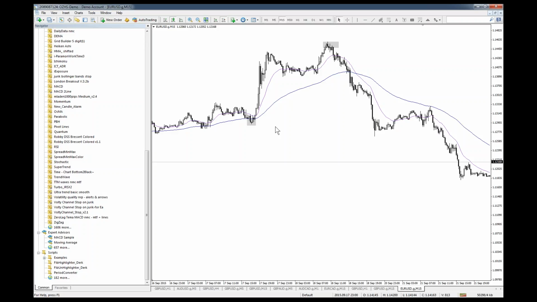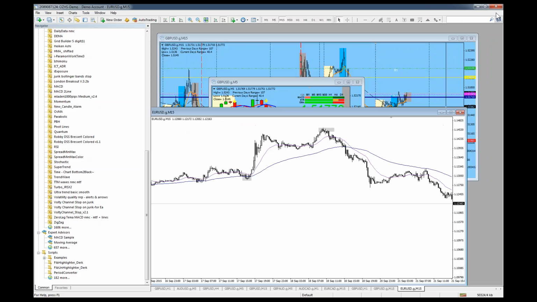The 2, 4, 6, 8, 10 represented short-term buyers, and the 20, 21, 23 and so on represented the long-term buyers and sellers. And when they all got into a cluster, like right here, I know I have this on one of my brokers.